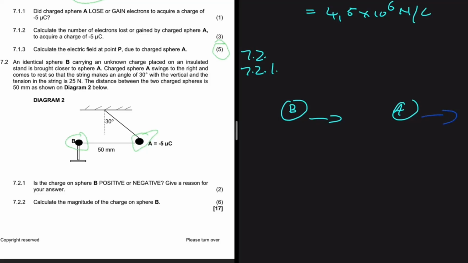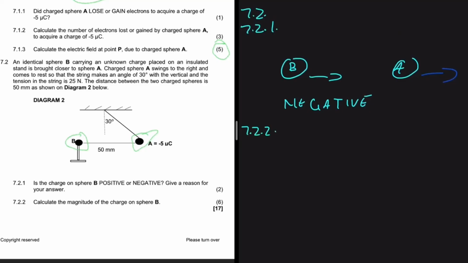That's why they're repelling each other. So now we can conclude that sphere B has a negative charge. Why are we saying it has a negative charge? Even the question says we should give a reason. It has a negative charge because it is repelling sphere A, and sphere A has a negative charge. So sphere B must have a negative charge consequently.